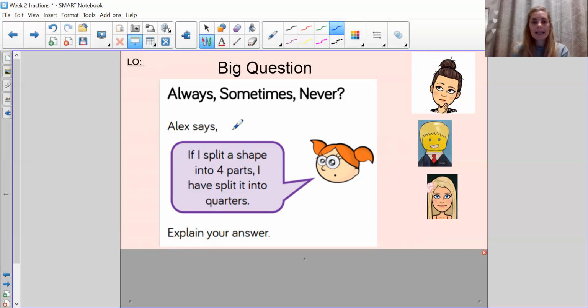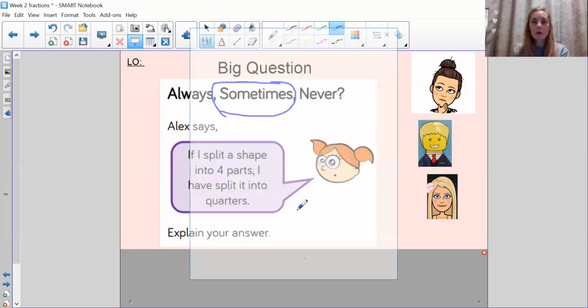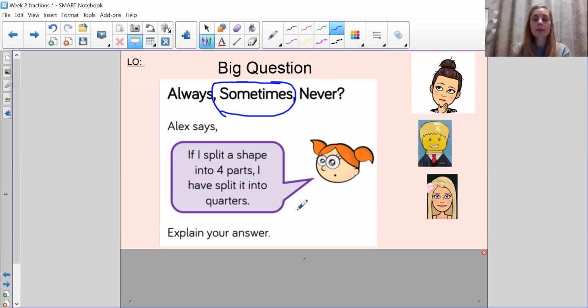Right. It is going to be sometimes. Sometimes would be my answer, because in order for it to be a quarter, it has to be divided into 4 equal parts. Okay, the very important key word there is equal. So if you just split a shape into 4 parts and they're not equal, they will not be called quarters. In order for something to be called a quarter, it has to be split into 4 equal parts. So if it was split into 4 equal parts, we would say that those are quarters.